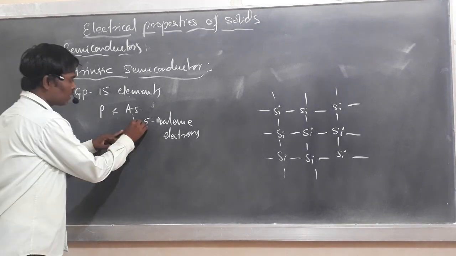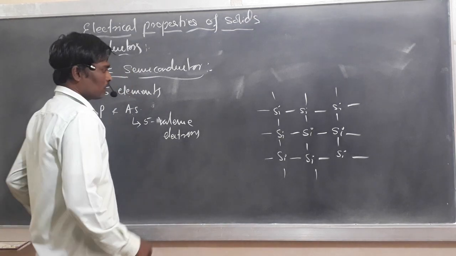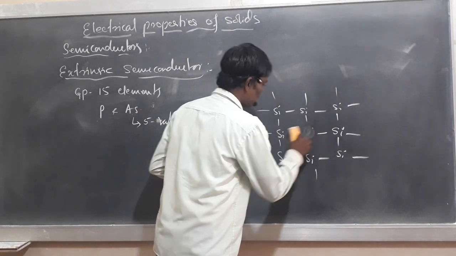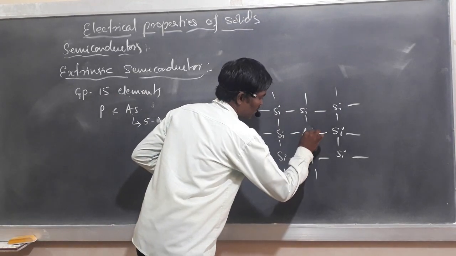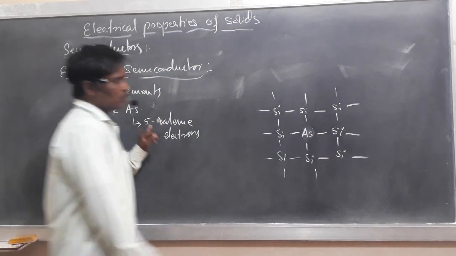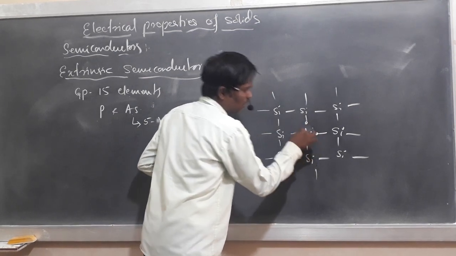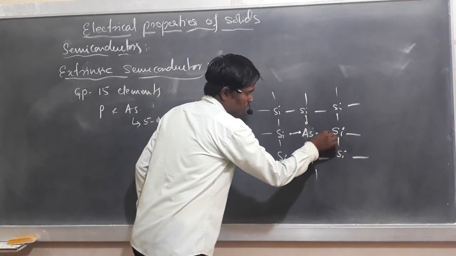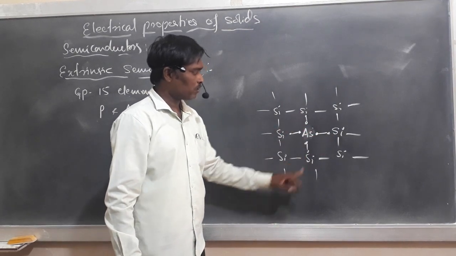When we dope arsenic into pure silicon, one silicon is replaced by arsenic. Arsenic shares 4 electrons with the neighboring silicon atoms and forms the bonds.